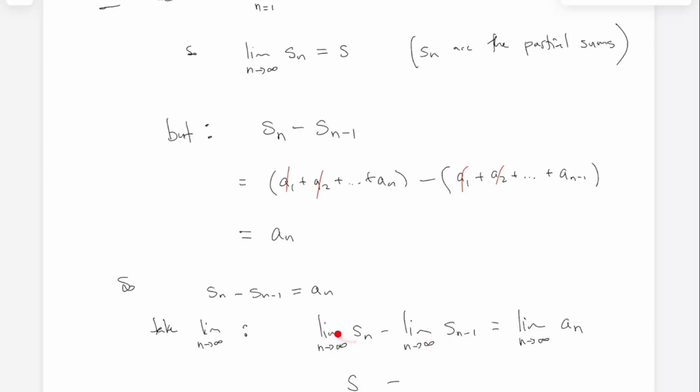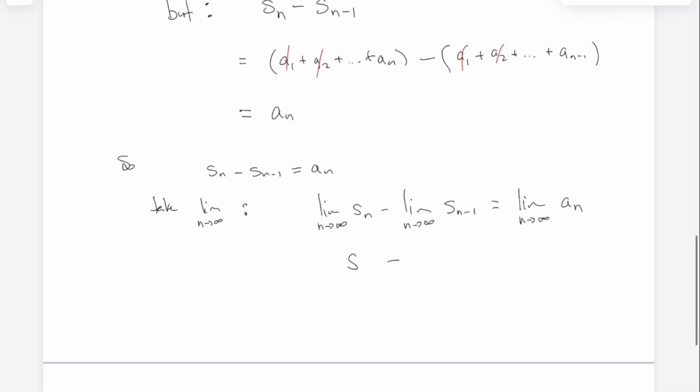What this means, this equals S, means way down the list, as you continue forever, the values get closer and closer to S. This means way down the list, the second to last value gets closer and closer to S. But that's automatically true, right? If all these values get close to S, then it's also true that the second to last value also gets close to S. So here, S also.